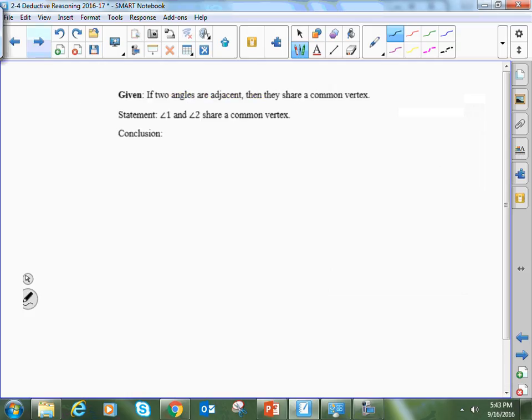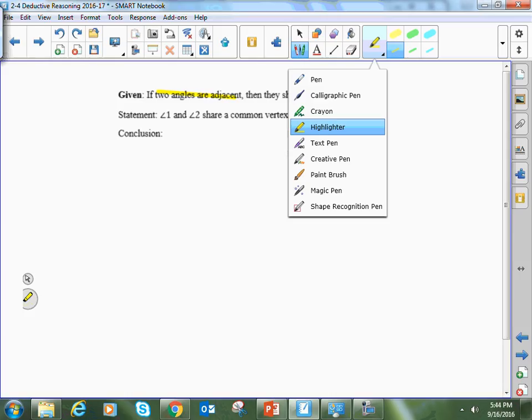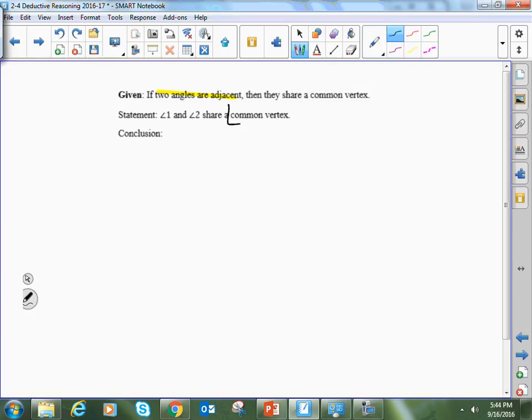And that's what we get with that example. So the last one here, if two angles are adjacent, then they share a common vertex. The hypothesis here, angles are adjacent. Looking at the statement here, they're talking about a common vertex. And the common vertex isn't here, it's here in the conclusion.